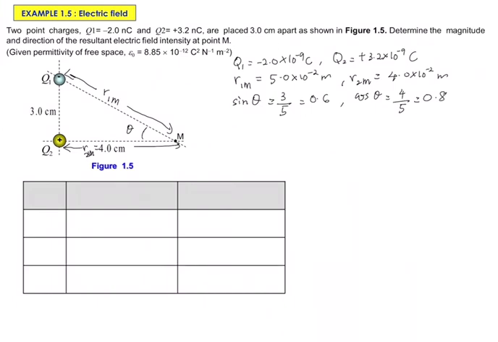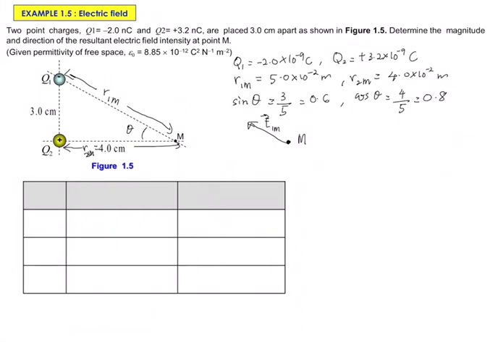Next step is to sketch the electric field intensity at point M. So now this is your M, and here you have the electric field intensity at point M, and also charge Q1, which is negative. Then E1M is towards the charge Q1.